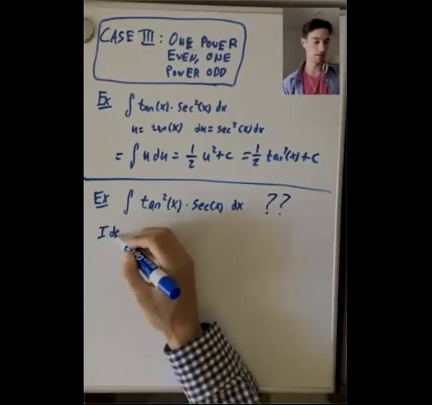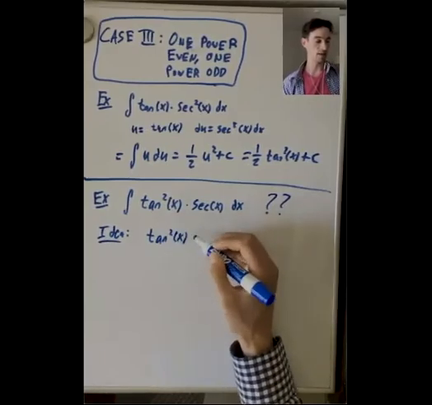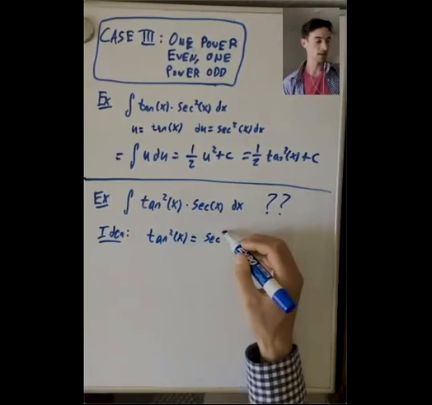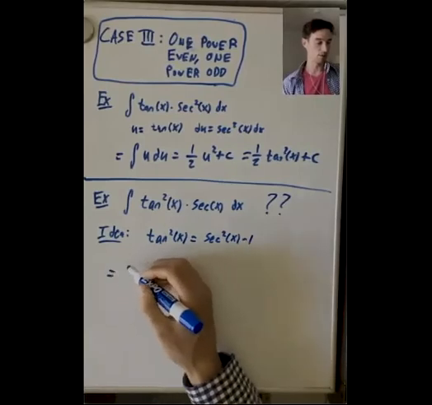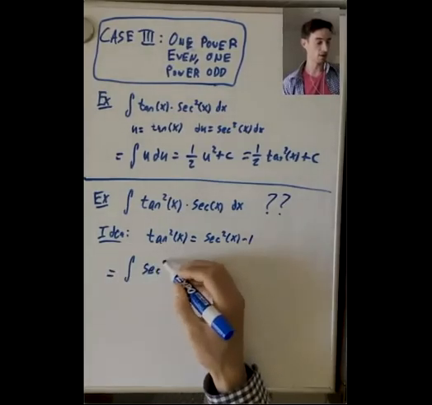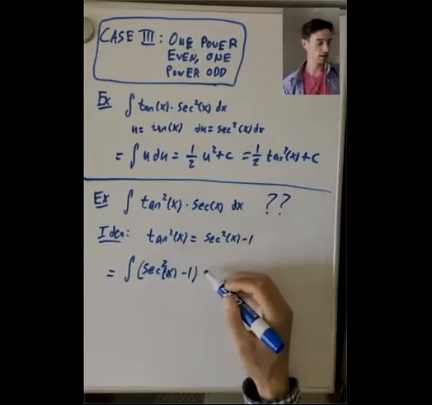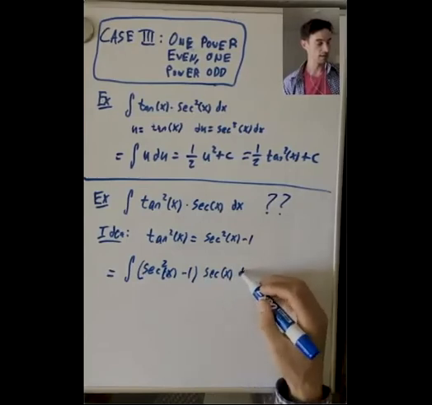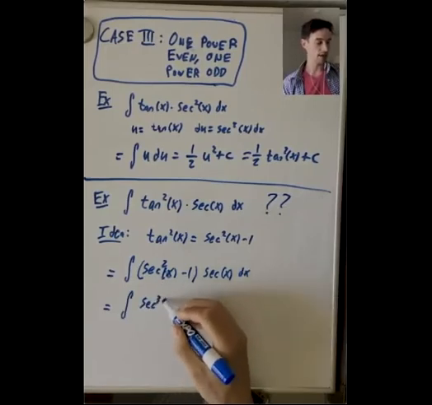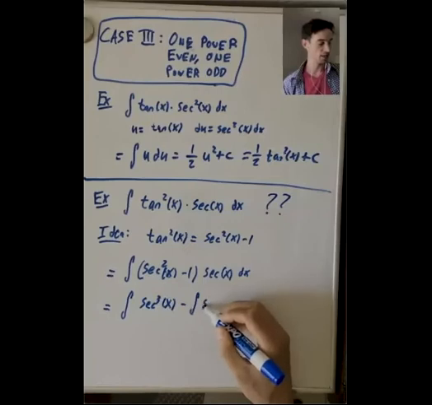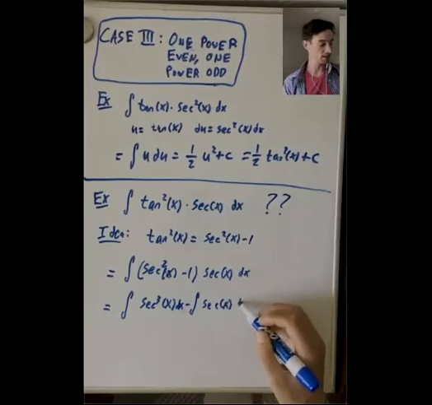One idea would be to rewrite this. Well, we know that tangent squared x equals secant squared x minus 1. So what does that mean? The integral that we want is equal to the integral of secant squared x minus 1 times secant x dx, which is the integral of secant cubed x dx minus the integral of secant x dx.